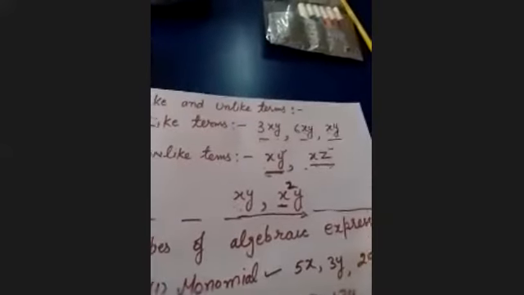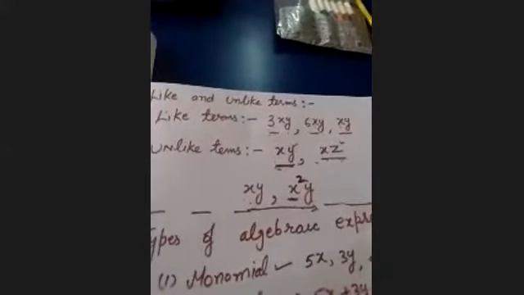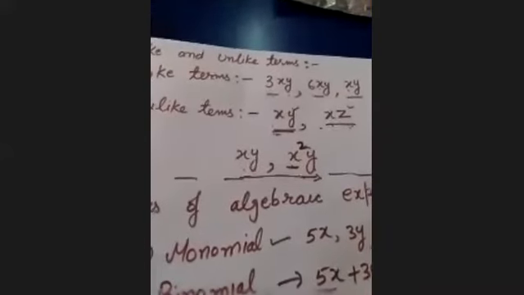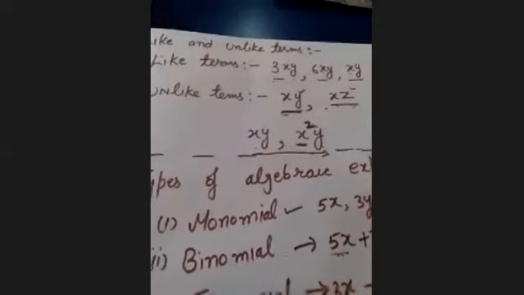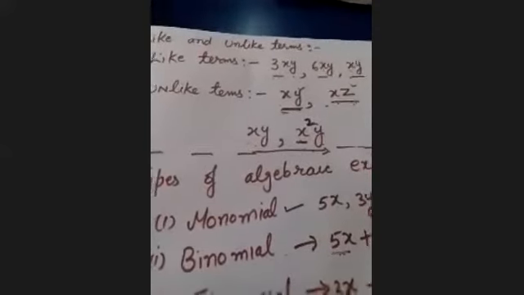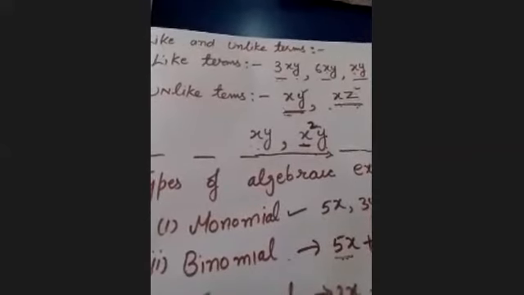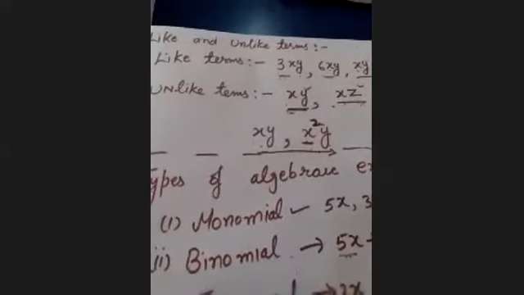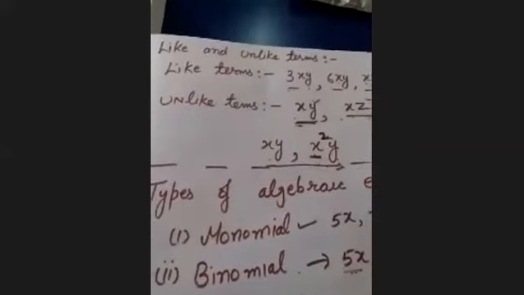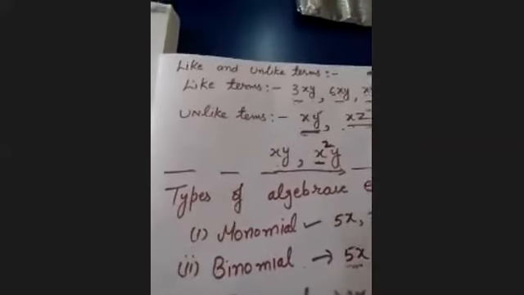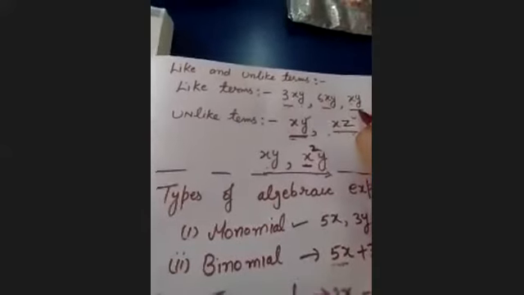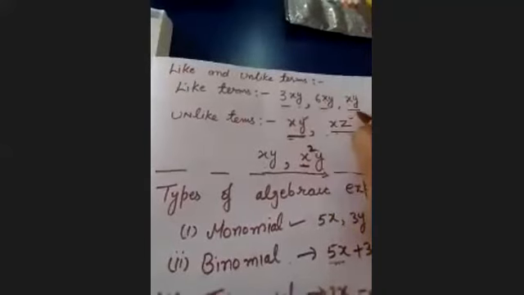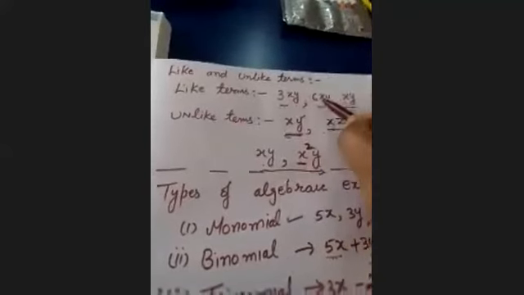Next point we discuss like and unlike terms. So students, what are like and unlike terms? First we'll discuss like terms. If two or more than two terms have the same variable, then these terms are like terms. For example, 3xy, 6xy, xy. Now these three terms have the same variable xy, xy, xy.